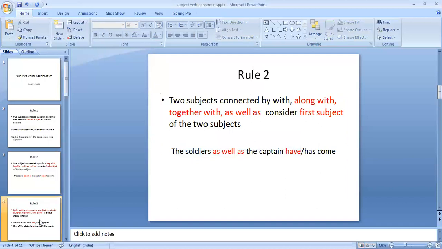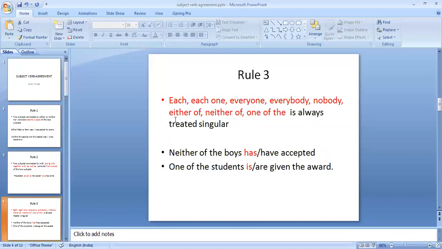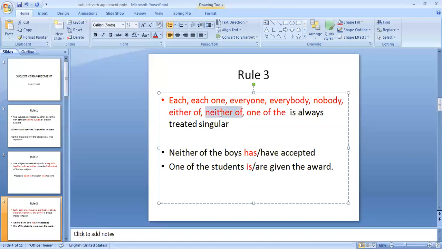And rule number three: when the subjects are like each one, everyone, everybody, nobody, no one, either of, neither of, one of the, they are always treated as singular. When you come across such terms in the subject position, don't confuse this with either or, neither nor.